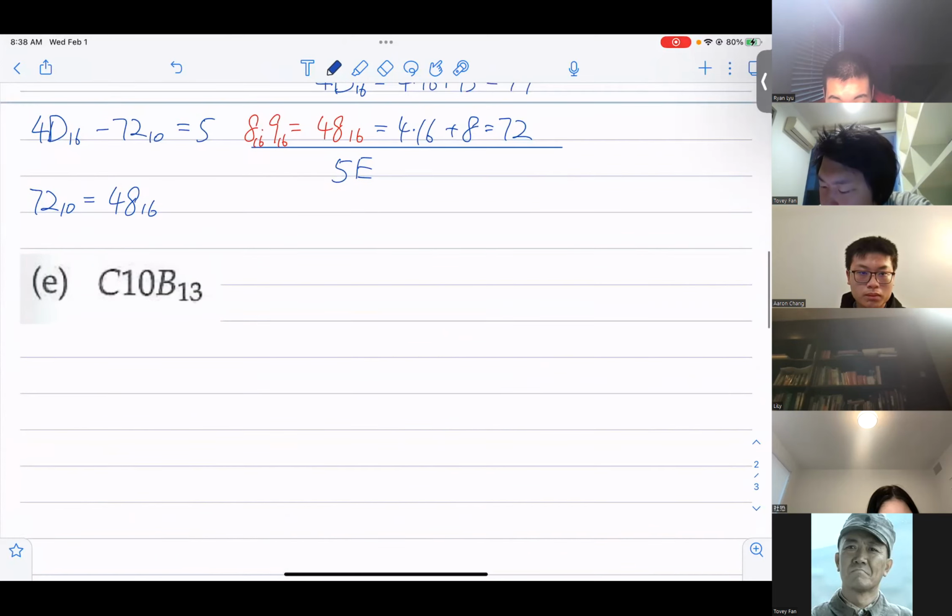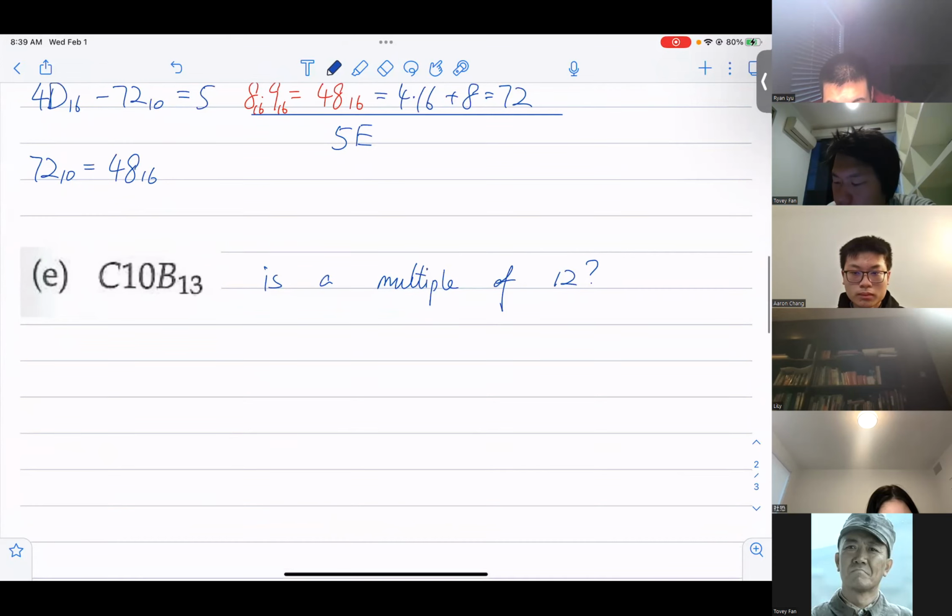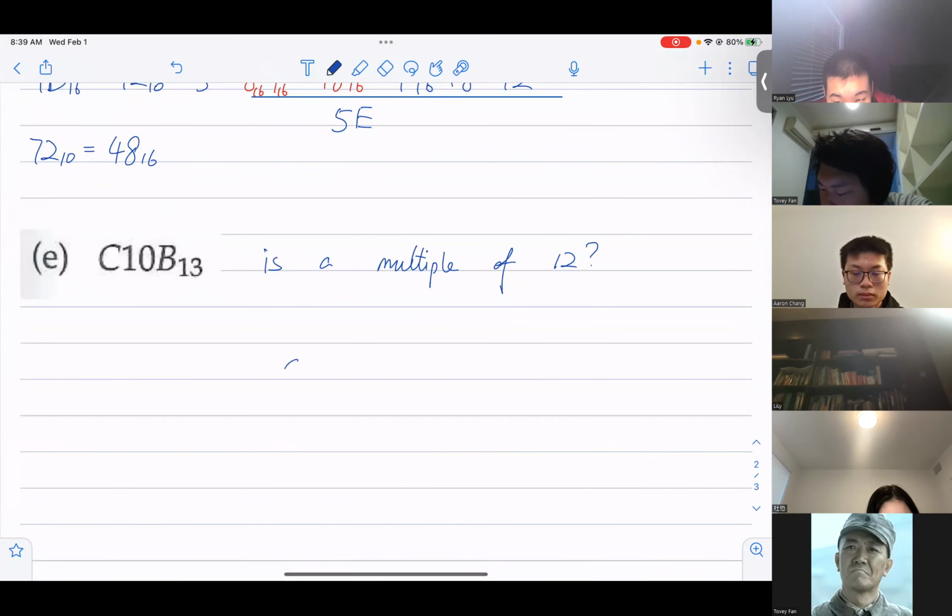So the question is to determine if this is a multiple of 12. Okay. Right now, is a multiple of 12. You just divide it by 12, right? So you have to do division and check. So C10B in base 13.